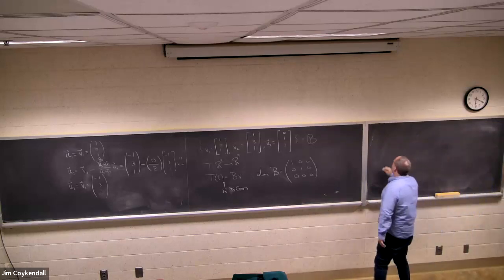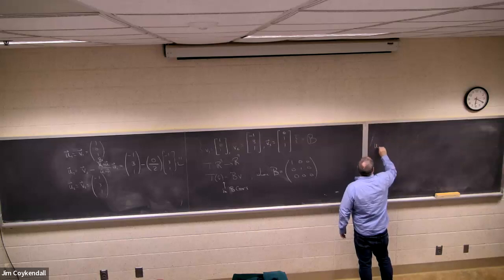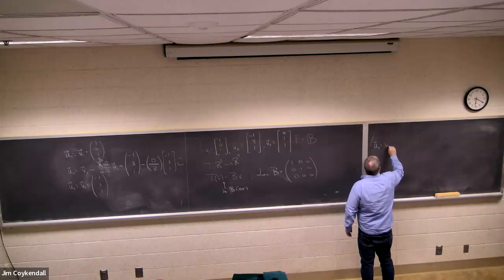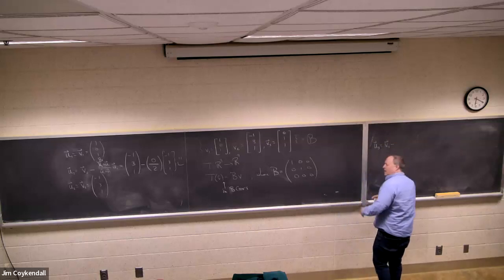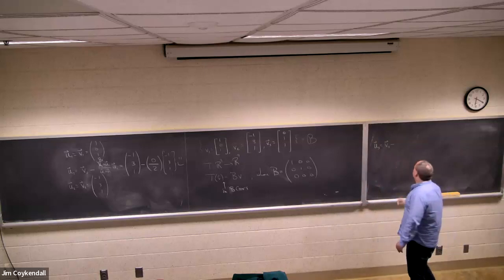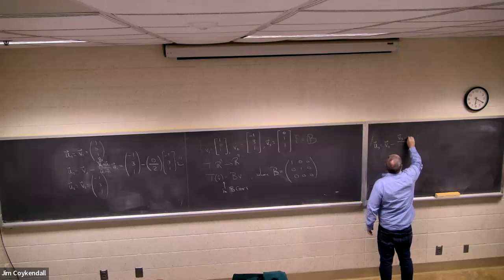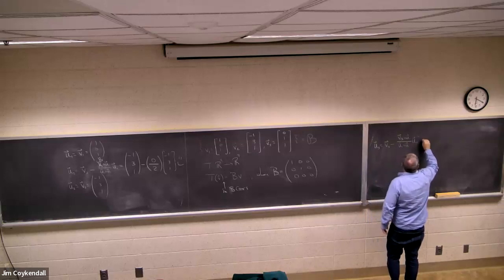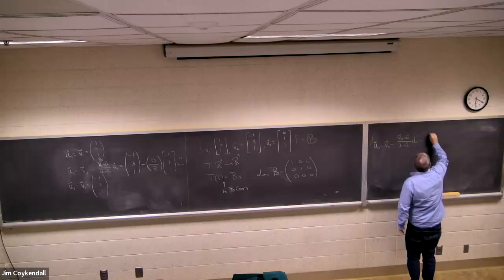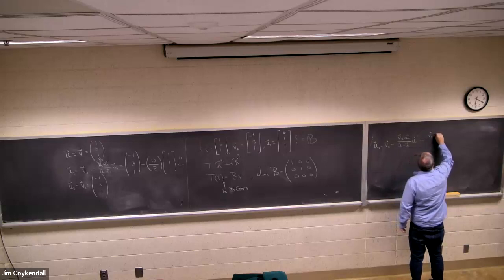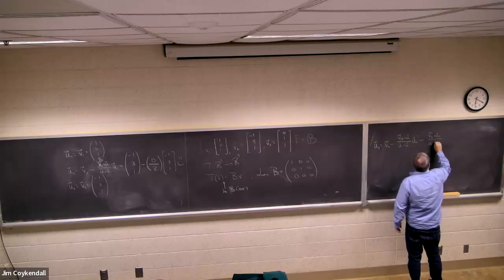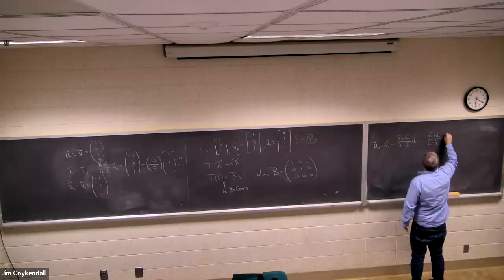For the final one, V3 is V3, essentially, and then you have to take out the parts of V3 along the other ones. So it's V3 minus V3 dot U1 over U1 dot U1 times U1, minus V3 dot U2 over U2 dot U2 times U2.